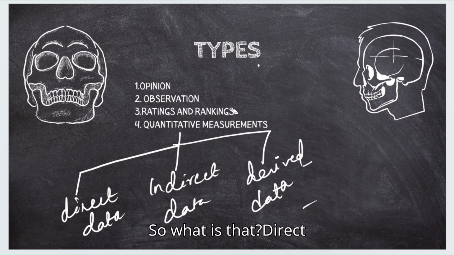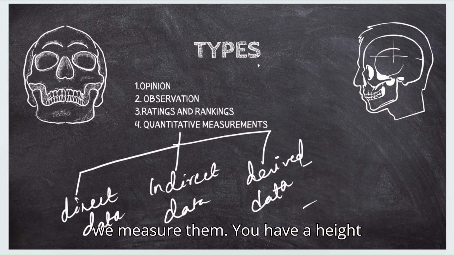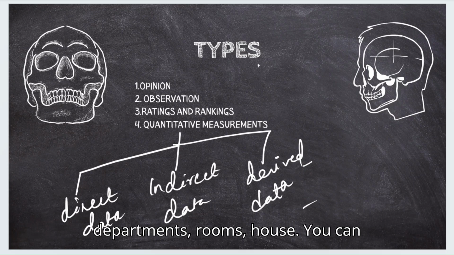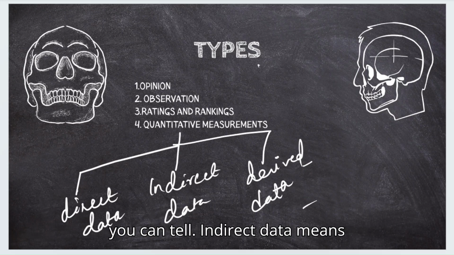So what is that? Direct data means from a living or dead person, we take directly using scales, we measure them. You have height measurement scales in different departments, rooms, houses. You can just go and directly measure the height and you can tell.